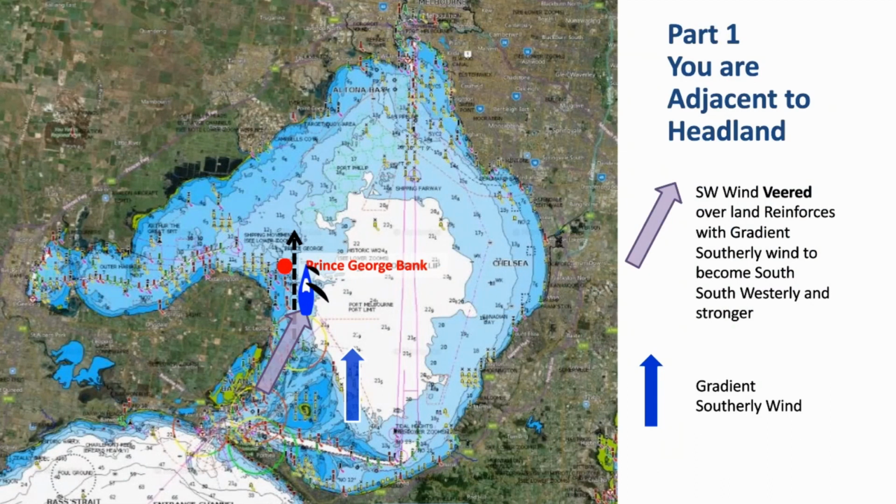So the combination of the veered wind here with the southerly coming in gives this resultant here.